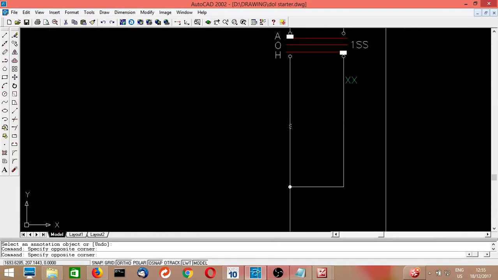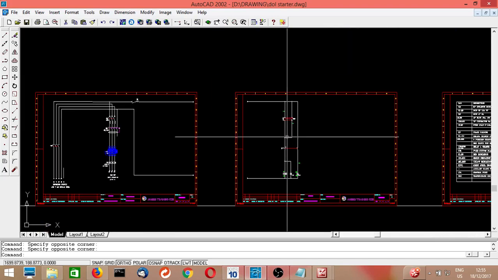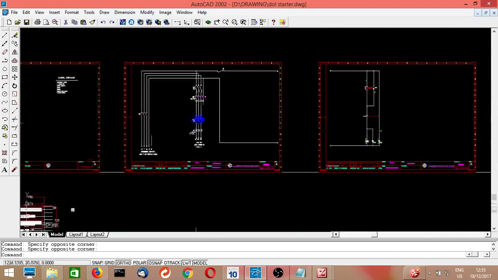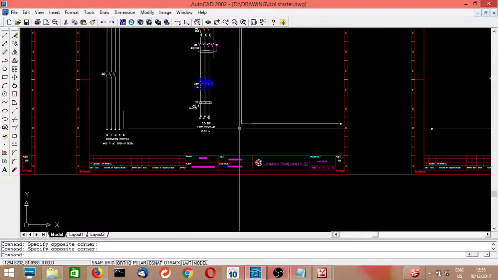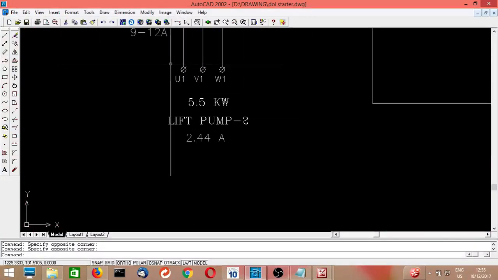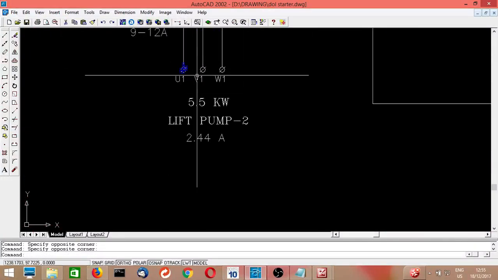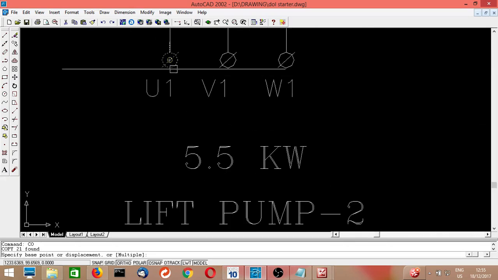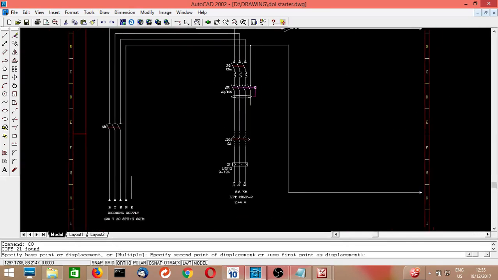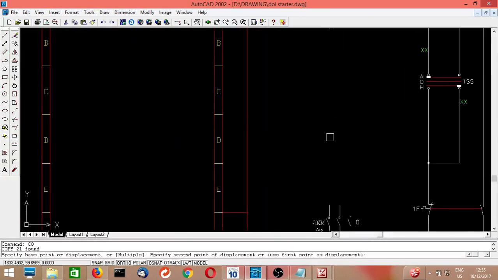If we want to connect some circuit like a float switch or something, we can use some terminals. I will show you like this.